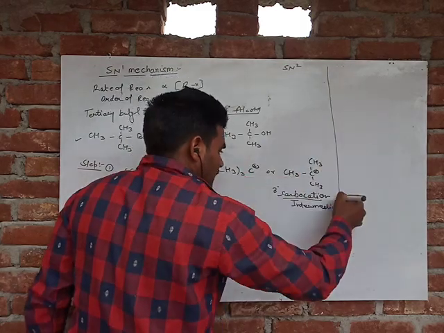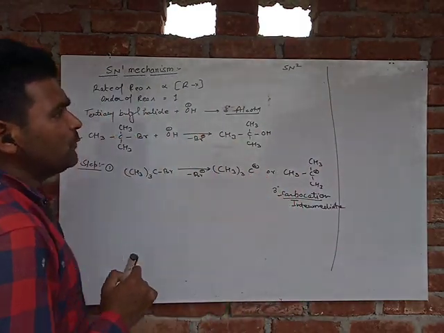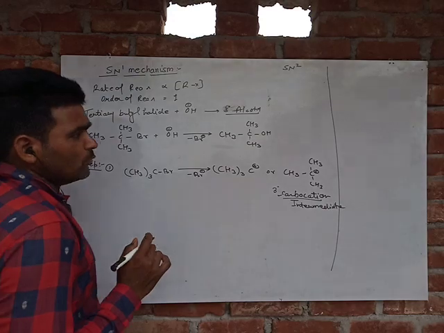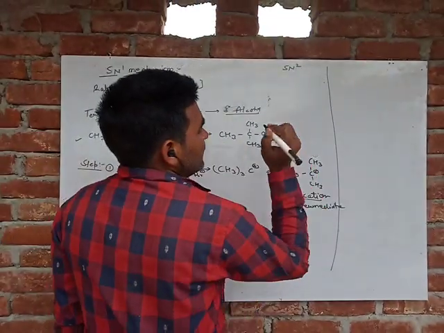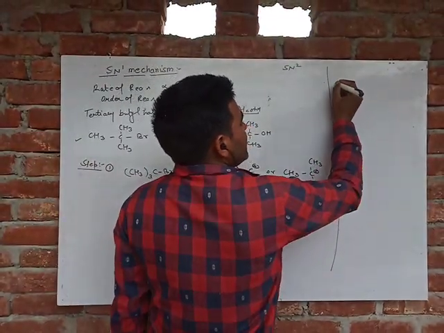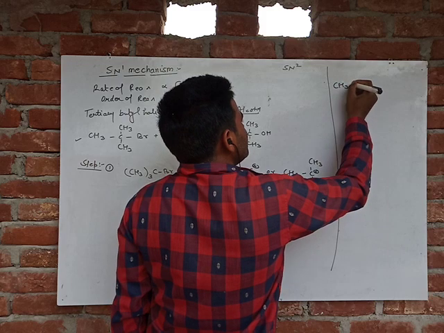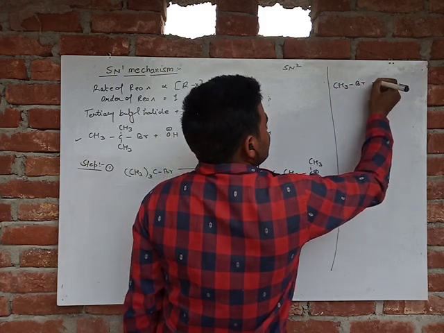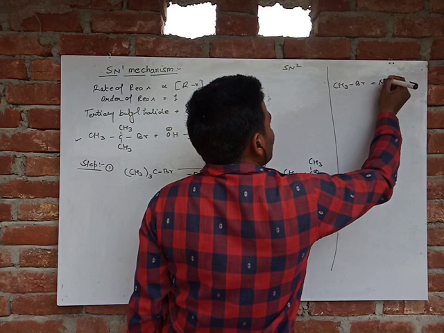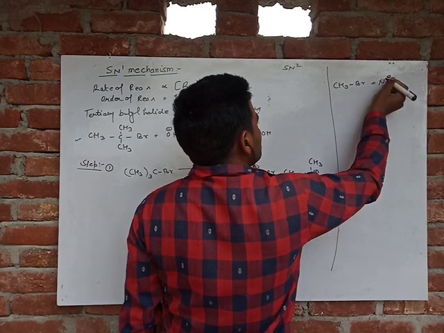Here we compare this reaction with the SN2 mechanism. In SN2, if we have methyl bromide, it reacts with a nucleophile.